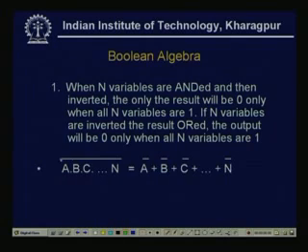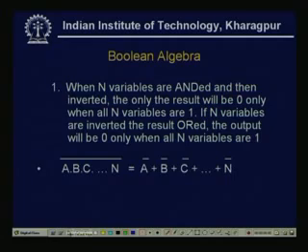Now, the whole thing is inverted, that means the complement of the result is taken. Now, the result will be that each of the variables is inverted and then ORed, that means a bar plus b bar plus c bar plus n bar, then this is the same.